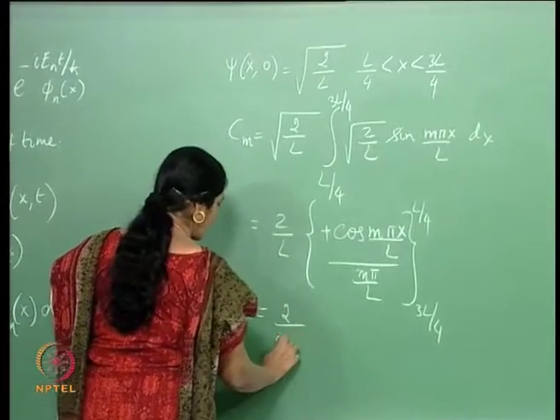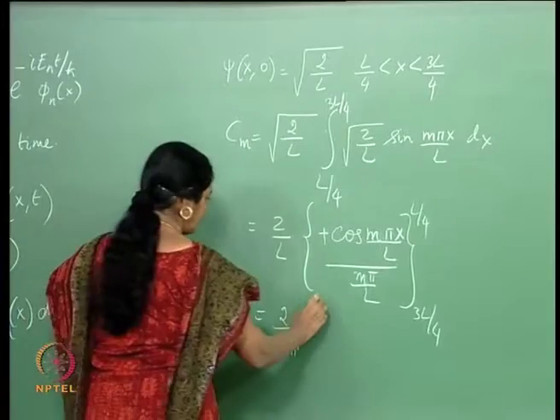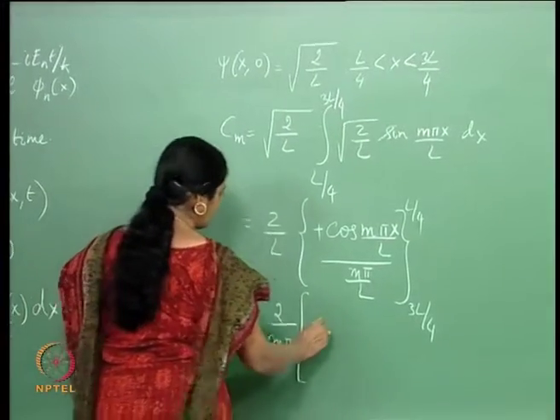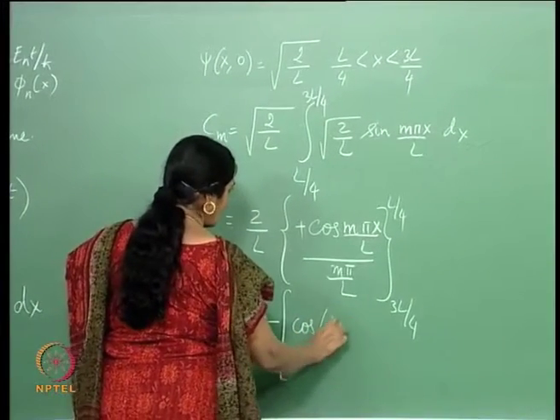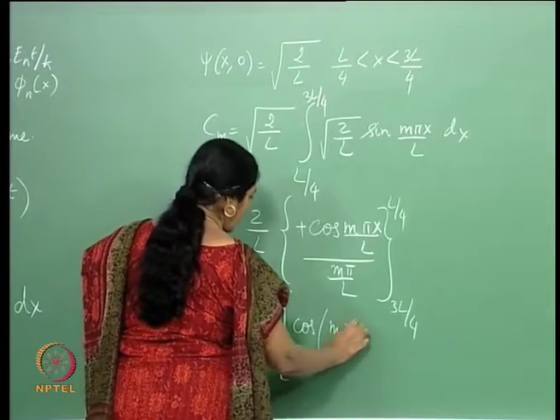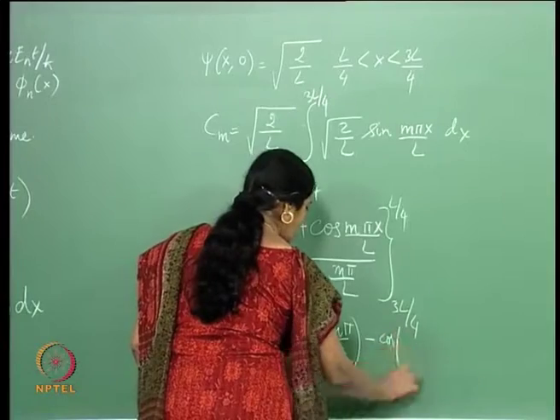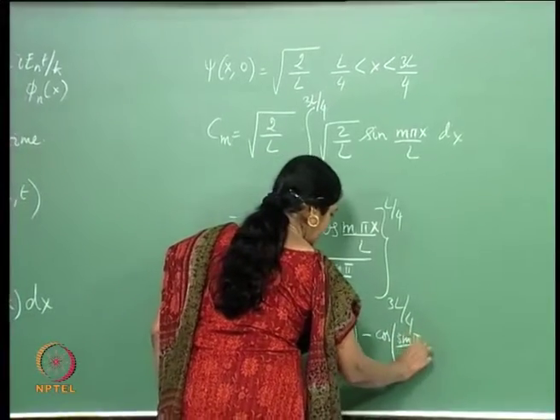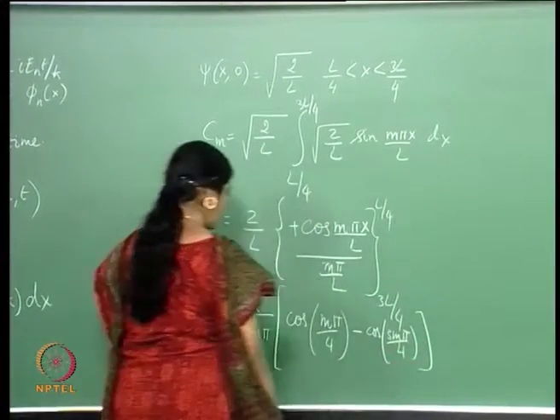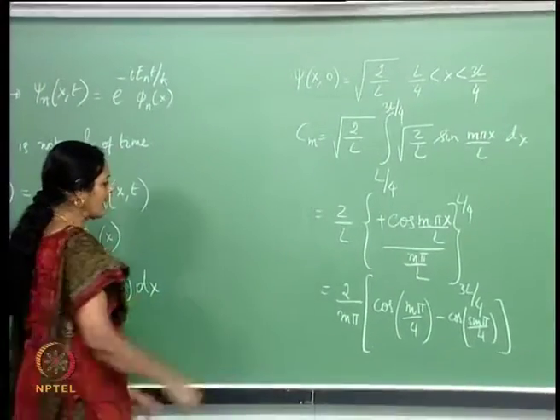So, that is 2 by m pi times cos of m pi by 4 minus cos of 3 m pi by 4, and this is what I have for C m.